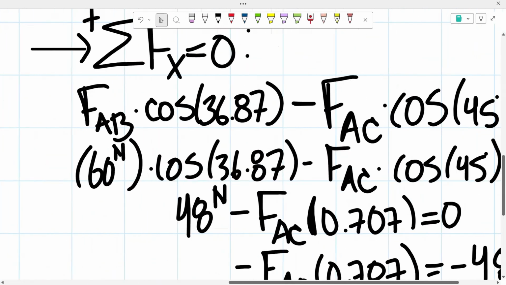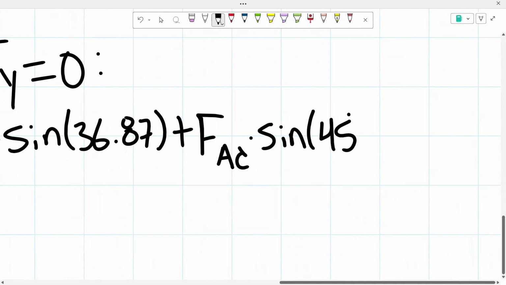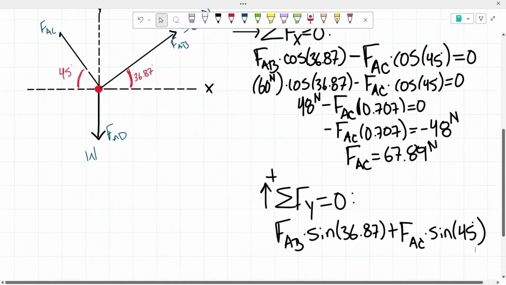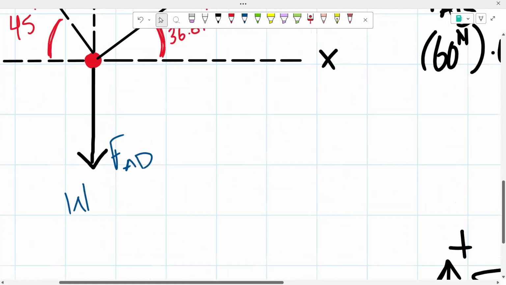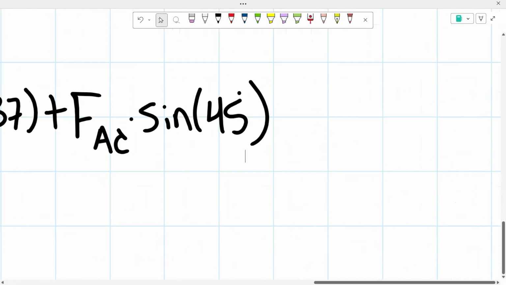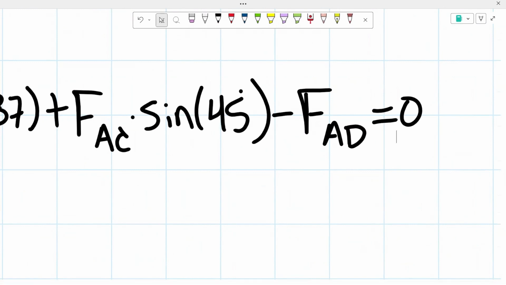So once again, we could use sine, so times sine of 45 degrees. And then our force of spring AD is completely vertical, so we don't have to do anything to it. We just know that that force is going to be negative. So we're going to write minus the force of the spring AD has to equal 0.